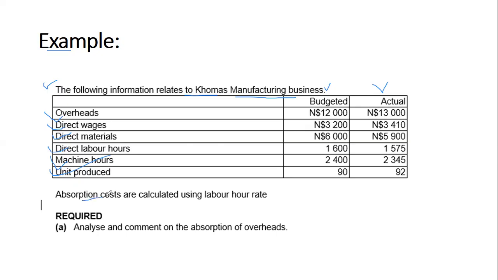Absorption rates and absorption costs are calculated using labor hour rate. And mostly you'll be given the rate on how the absorption costs are calculated. So you don't have to stress about which one is appropriate. Mostly you'll be given, whether we're using labor hour rate or machine hour rate or unit rate.